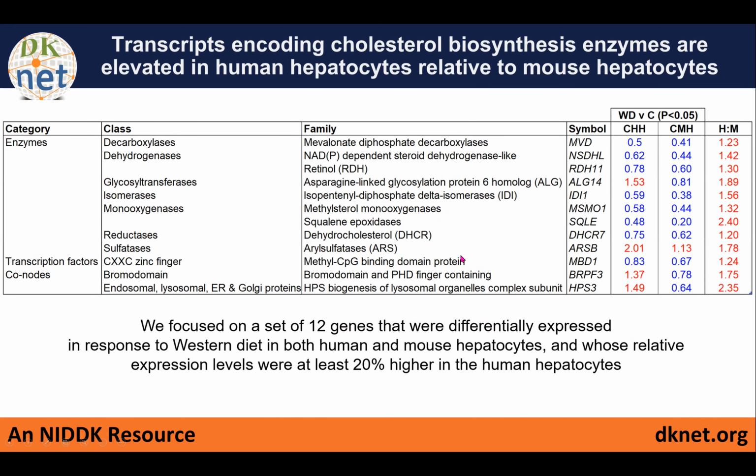And so to look at this in more detail, we focused on a set of 12 transcripts that were differentially expressed in response to a Western diet in both the human and the mouse hepatocytes, but whose relative expression levels were at least 1.2-fold higher in the human hepatocytes.